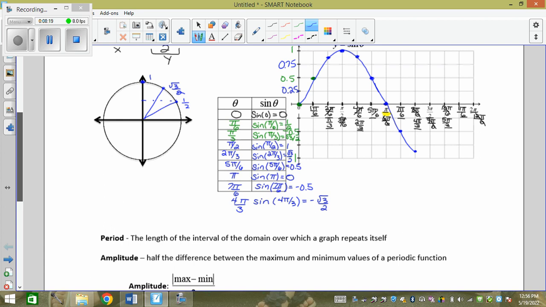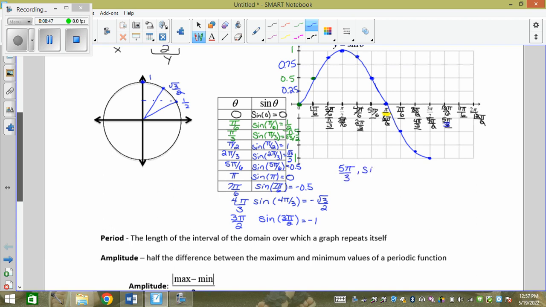Then I get 3 pi over 2. So sine of 3 pi over 2 is negative 1. Then I get 5 pi over 3.